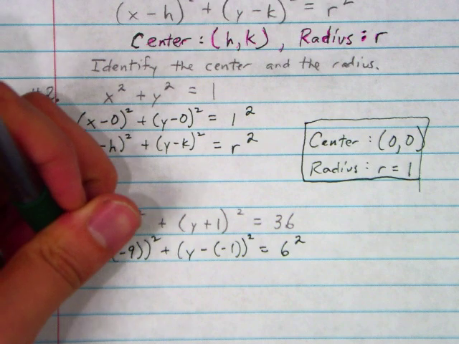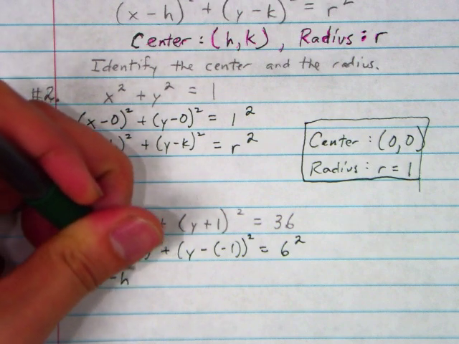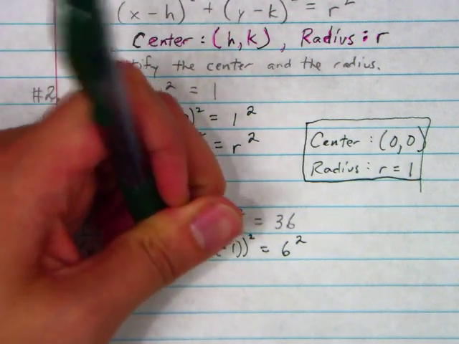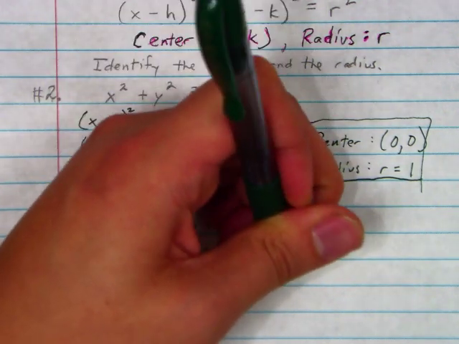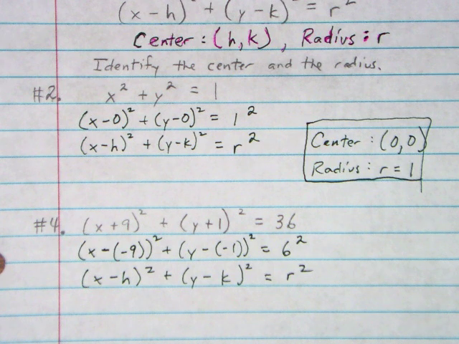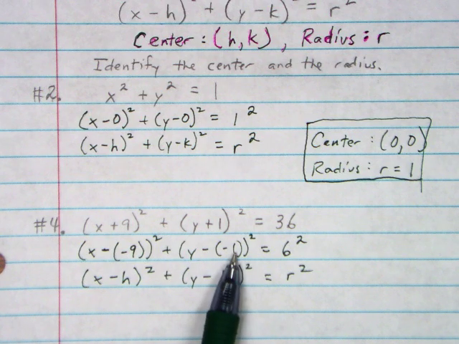So again, I'm looking at that standard form. Okay, so I can tell now that h is negative 9, k is negative 1, and r is 6.